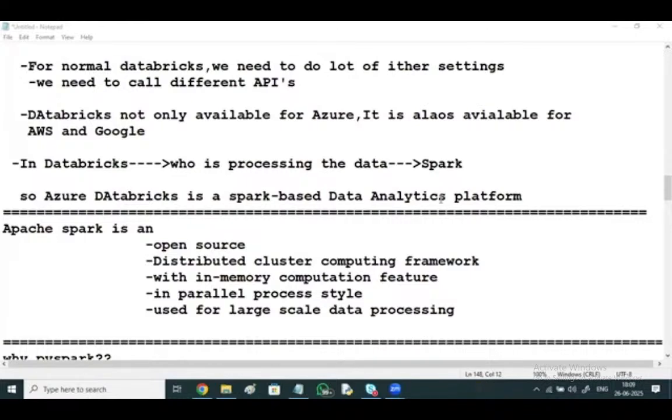ADF is separate, everything is separate. It's very simple, it's not complex, but you can go parallelly with ADF and ADB. Both are separate. It is codeless, and you can understand it.